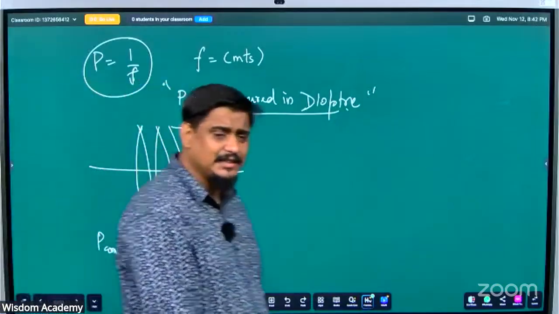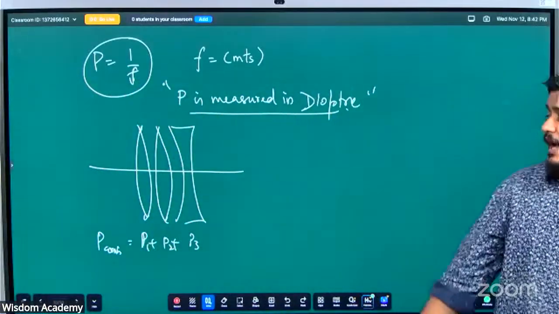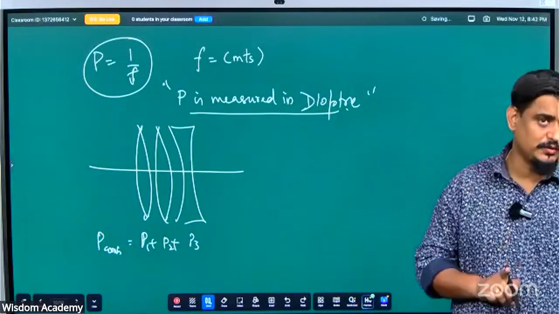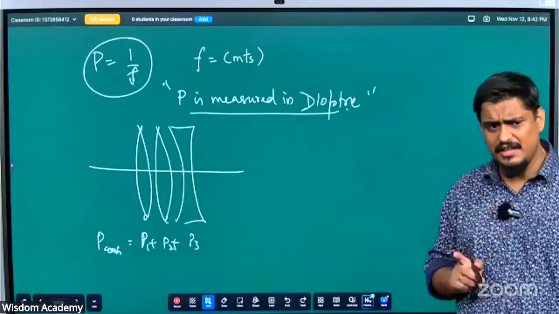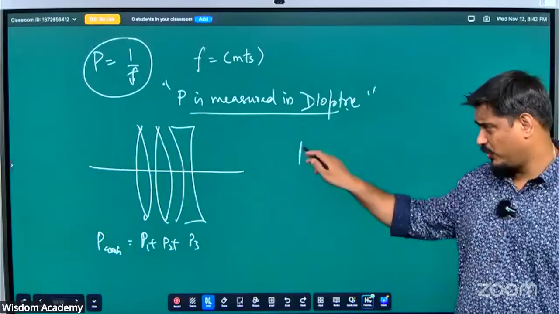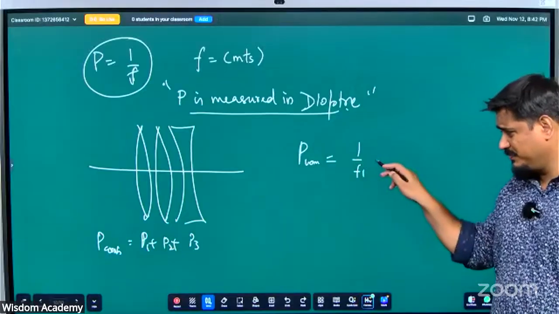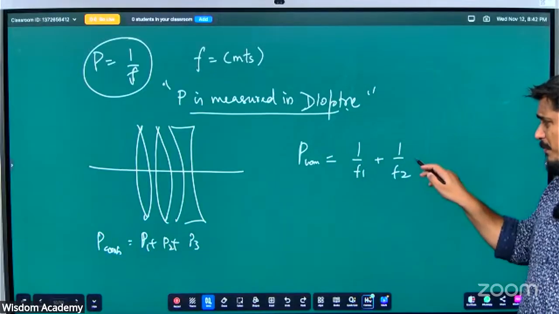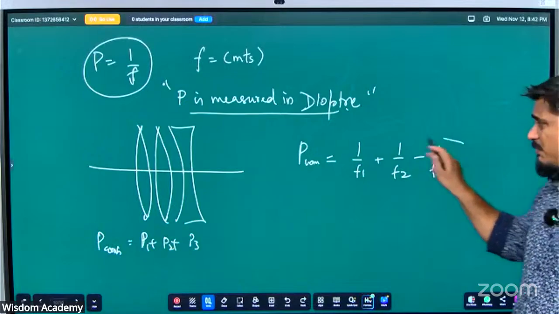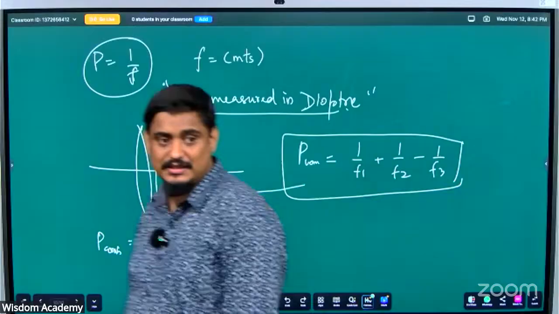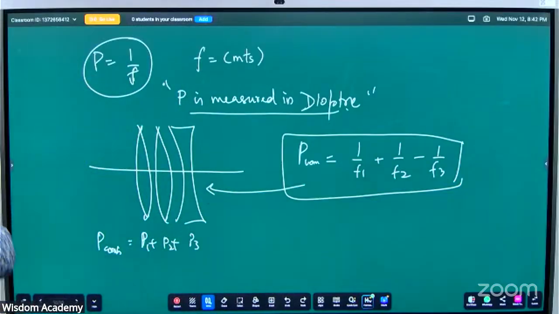Are you understanding this? And you can see very clearly here, convex lens is having a positive focal length. Concave lens is having a negative focal length. So here the P of combination will become equal to 1 by F1 plus 1 by F2 minus 1 by F3. Remember this also. In this case actually, not for all the cases. So don't just like that add.